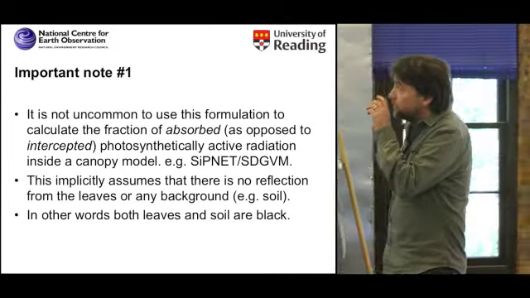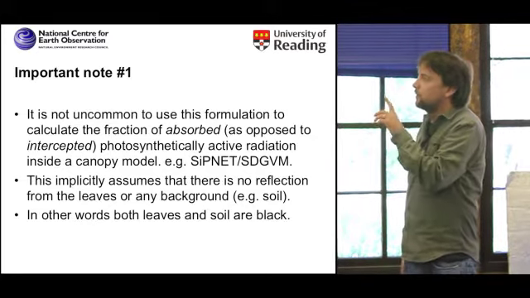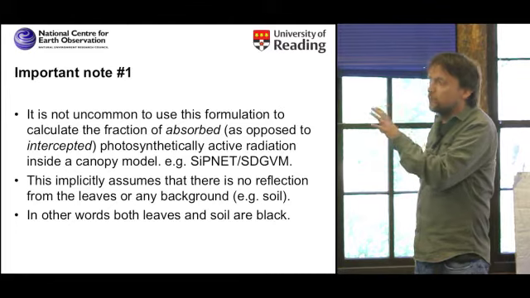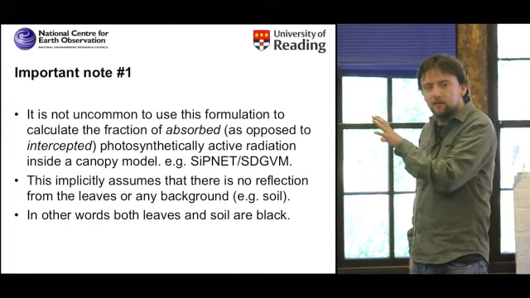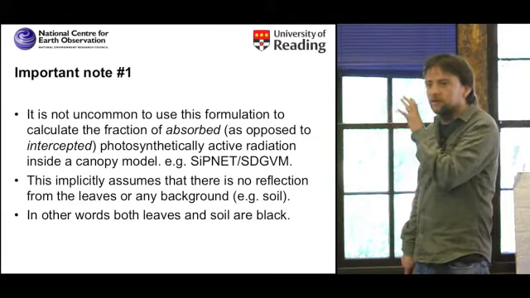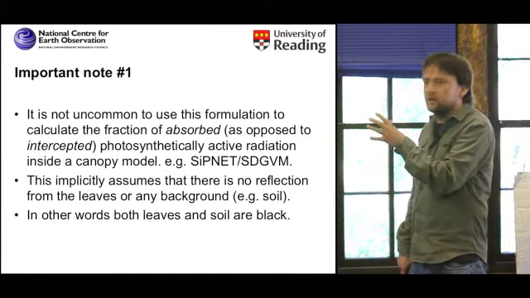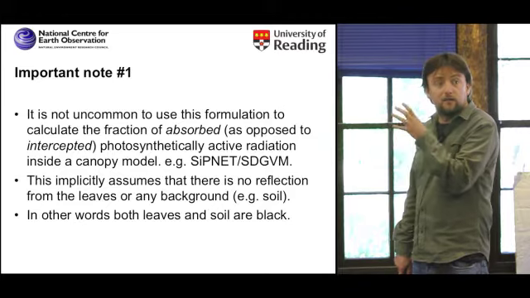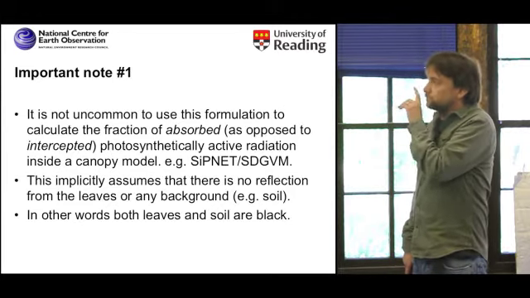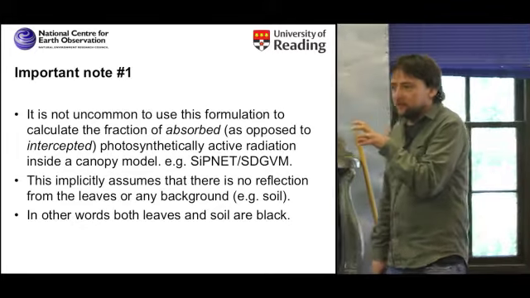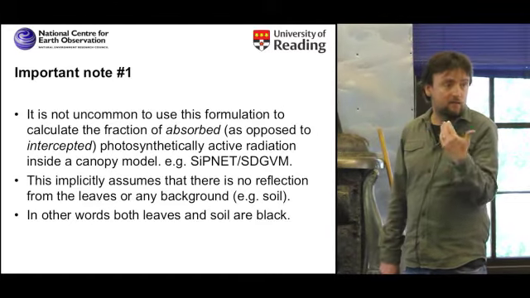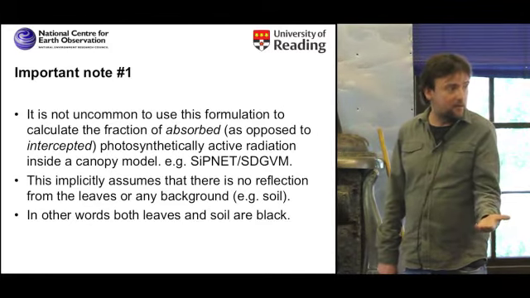Okay. Now, what we've just described is about interception in the canopy. We've made an implicit assumption in that derivation that anything that's intercepted is absorbed. We sometimes refer to that as the black leaf scenario, black just meaning that any light hitting it is absorbed.